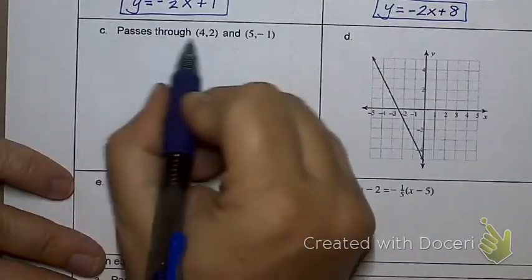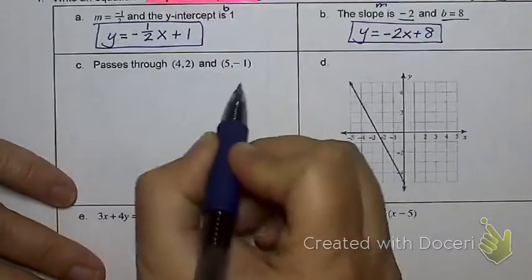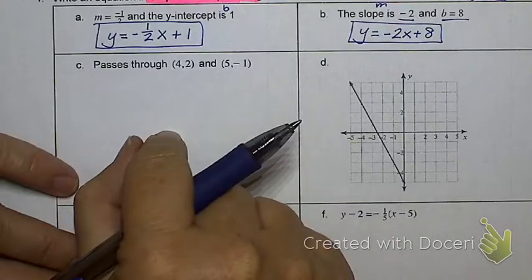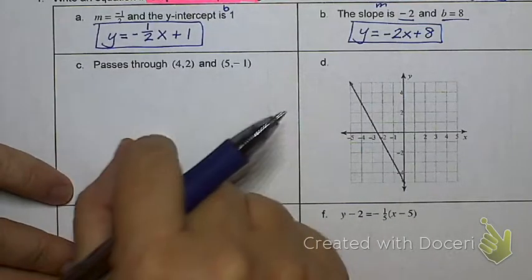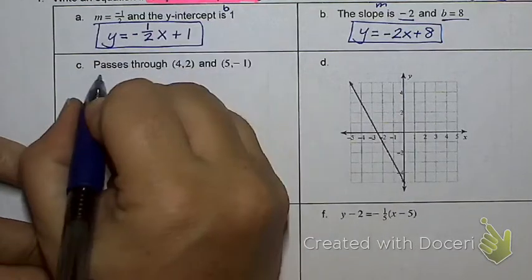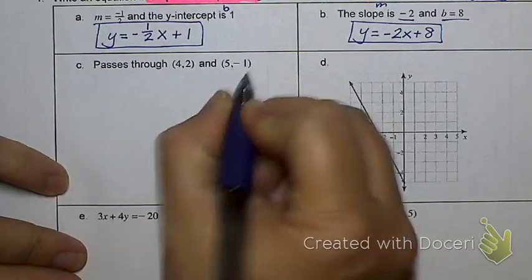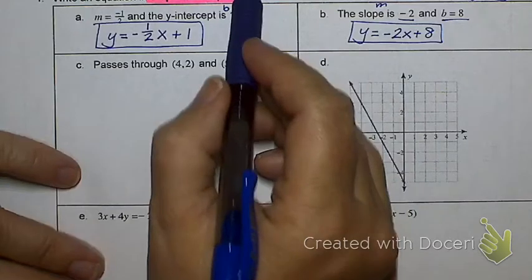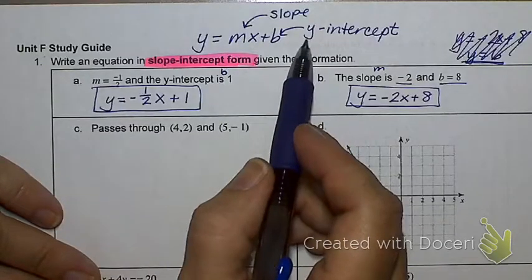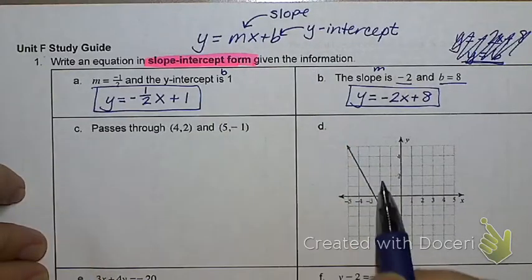Okay. Now, I have something that passes through (4, 2) and (5, negative 1). This was a question that was missed a lot on yesterday's quiz. So if I have 2 points, first off, to write my equation, I need the slope and I need the y-intercept, right? I have 2 points. What can I get? The slope.